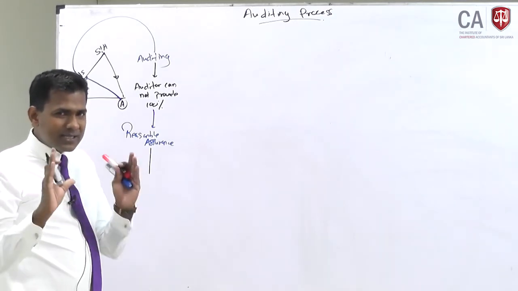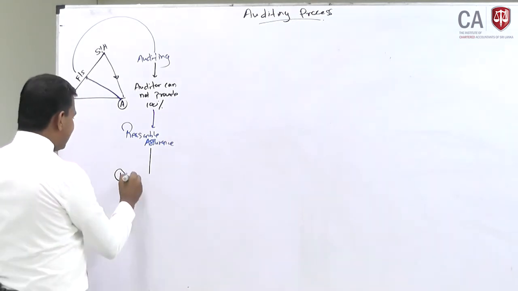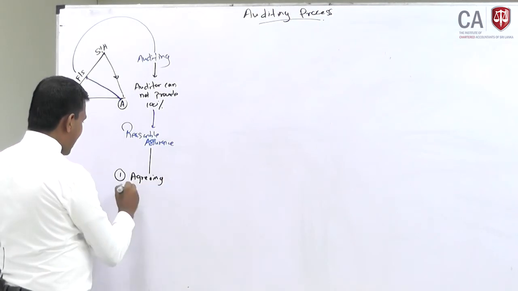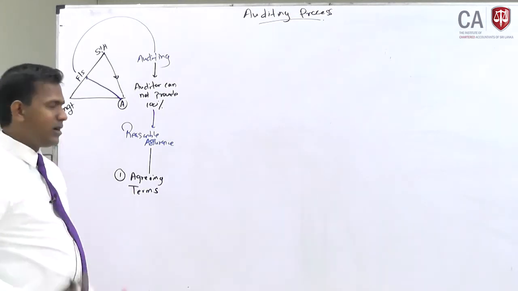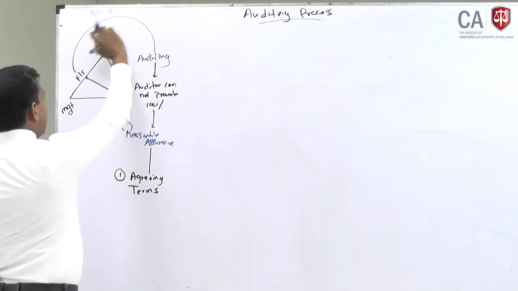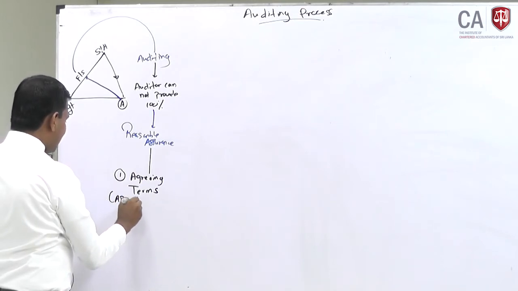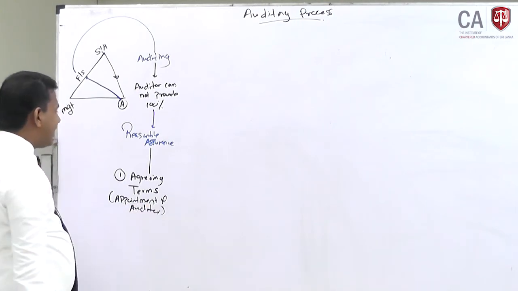So therefore, the first step in auditing is what we call agreeing terms. This is our next webinar, we will be discussing it, but for the moment remember, this is otherwise called the appointment of auditor. We'll call it like that.